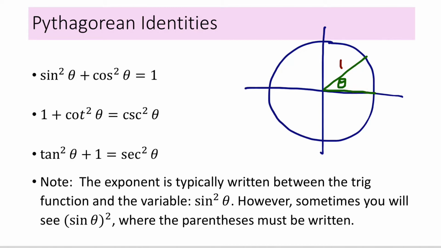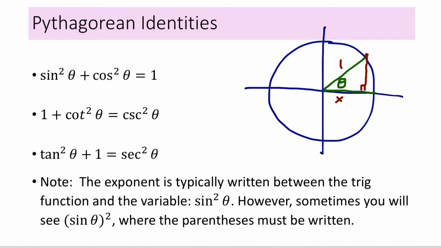If I drop a perpendicular from this point here down to the x-axis, I can form a right triangle. It'll have an x distance here as the side length, which is the adjacent side to the angle theta.